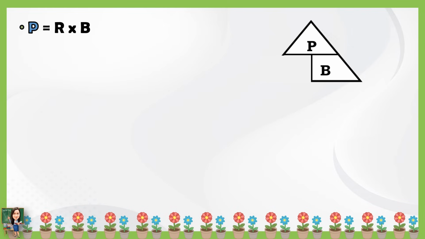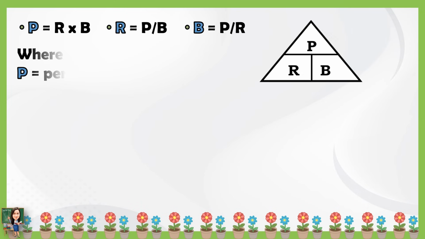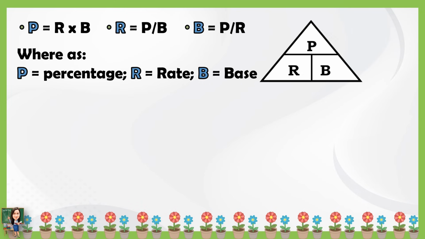The formula is rate equals percentage divided by base. And next, to find the base, cover B. Since P is over R, it means division. The formula is base equals percentage divided by rate. Whereas P means percentage, R means rate, and B means base.